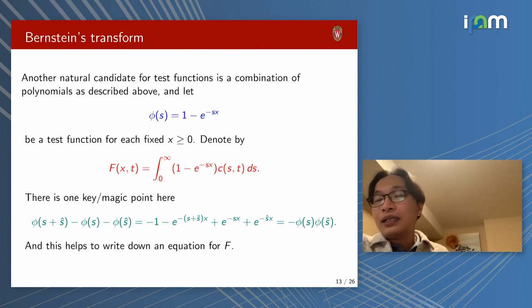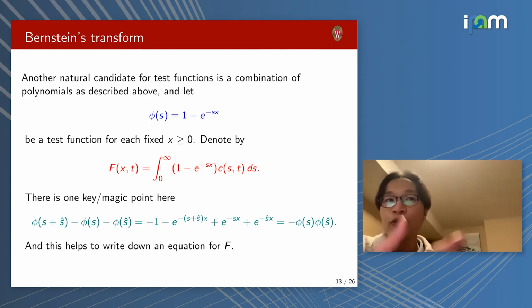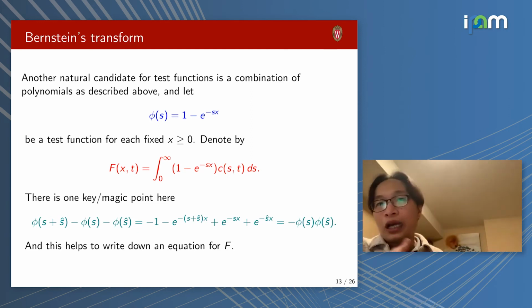As I said, the natural candidate for us earlier was to use polynomials as test functions. If we think a little more about that, we say that if we can combine polynomials, then the exponential function is a natural candidate, right?